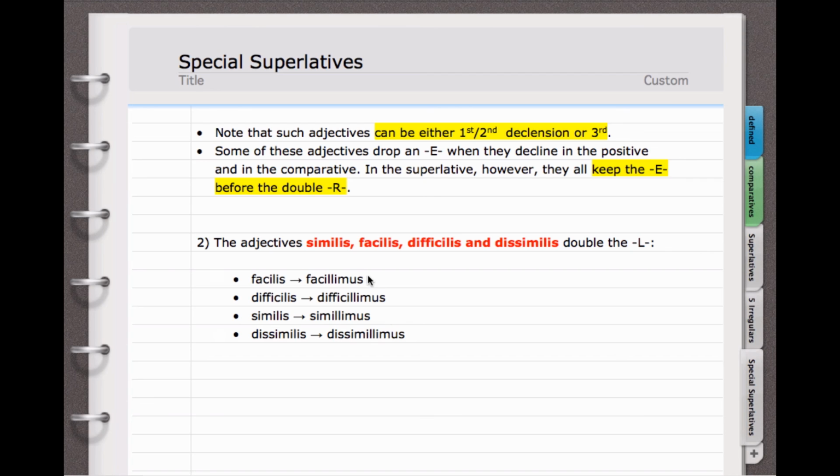And these, of course, will be us things. These are second declension. The comparatives are exactly what you'd expect them to be based on the information we've just talked about. Notice that this is only for these four adjectives. It's not for any adjective that is ILIS. There are other ILIS words that do their superlatives in the regular way.